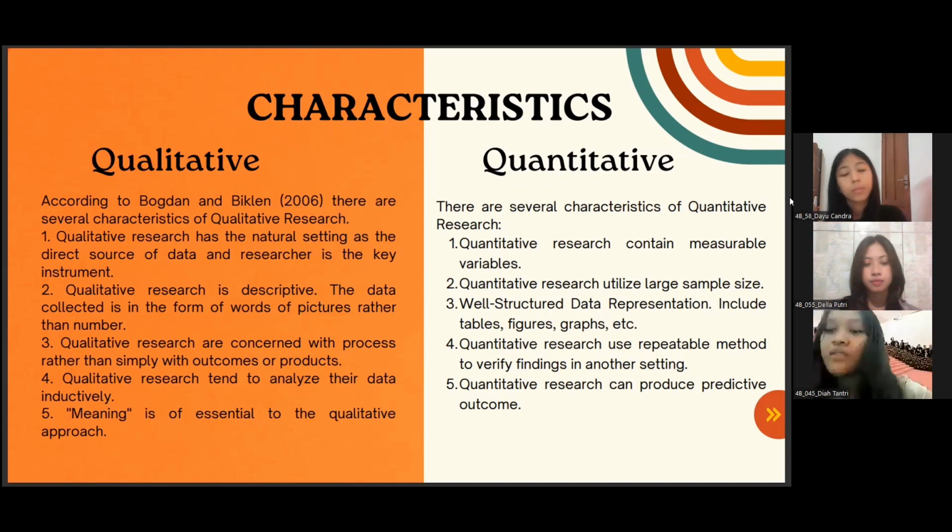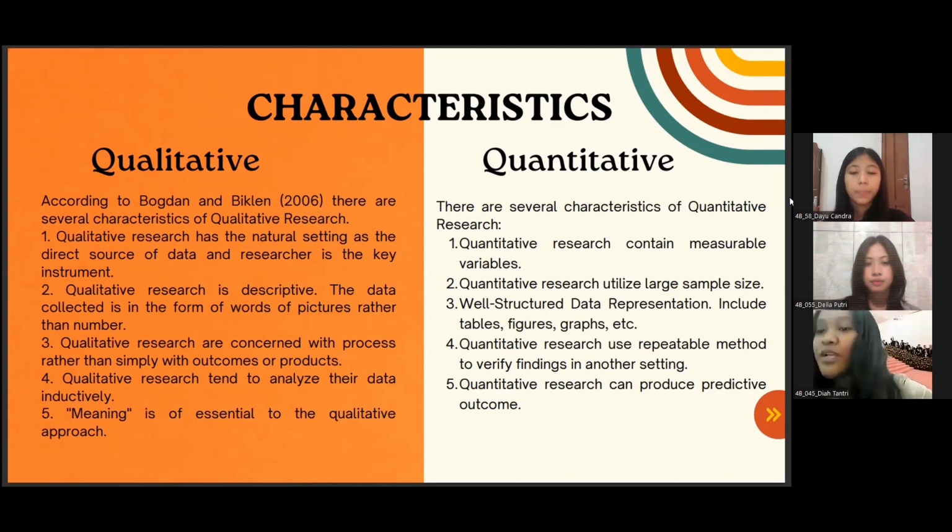The fourth one is that qualitative researchers tend to analyze their data inductively. Qualitative researchers analyze data obtained from the field repeatedly, so that it will produce findings that can be arranged in a particular theme.